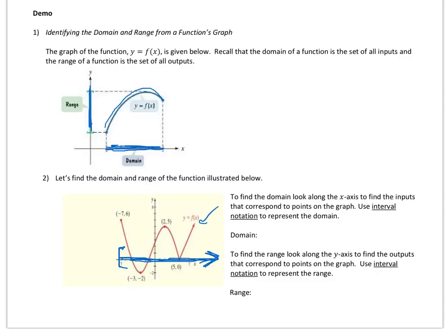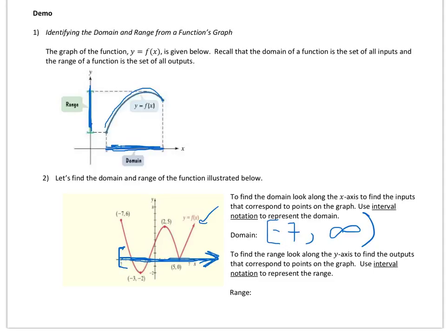So my domain, the x values that live on my graph, starts at -7, including -7, because there's a closed circle on that point, -7, 6. And then all of those x values until infinity. And remember, we never include infinity in an interval.